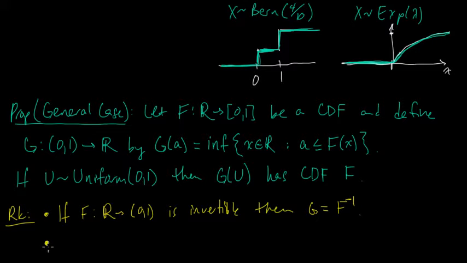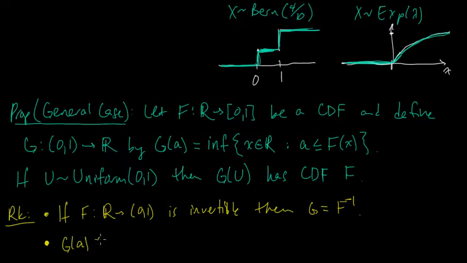Another thing, which is important, is that I said G was going from this open interval to the real numbers, but for this infimum, we need to guarantee that it actually is a real number. It could be infinity or minus infinity. It turns out that it is a real number, and the reason is because F is a CDF, so F of x converges to 1 as x goes to infinity, and it converges to 0 as x goes to minus infinity. That's a technical point that you can check.